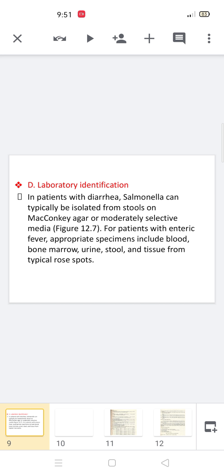If the rising titer has decreased, we can say the prognosis of the disease is good. There is another antigen also present, called Vi antigen. If we observe clumping with this Vi antigen, the patient is said to be in a carrier state.